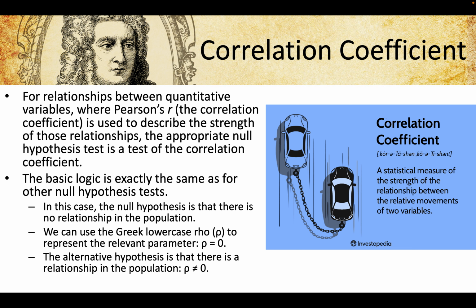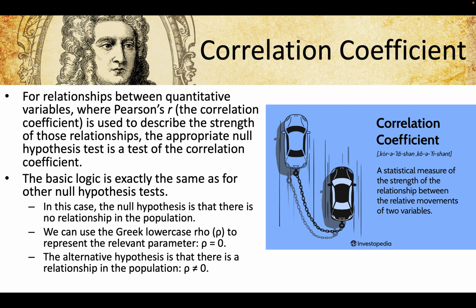For relationships between quantitative variables where Pearson's r, the correlation coefficient, is used to describe the strength of those relationships, the appropriate null hypothesis test is a test of the correlation coefficient. The basic logic is exactly the same as for other null hypothesis tests.